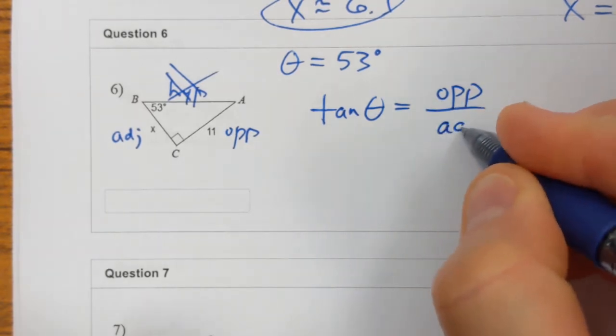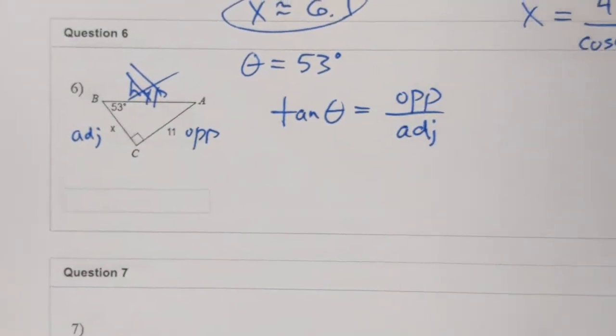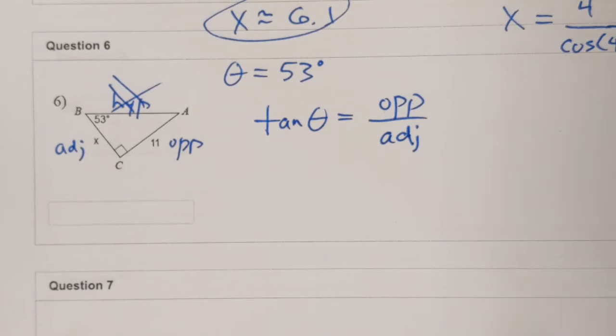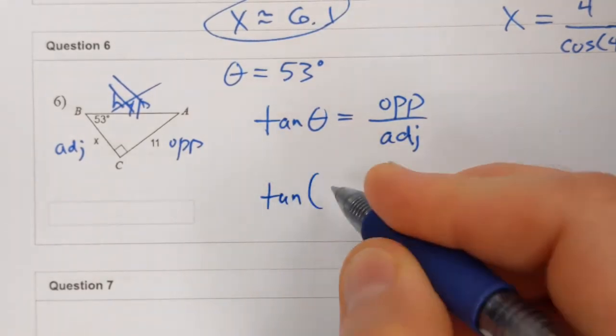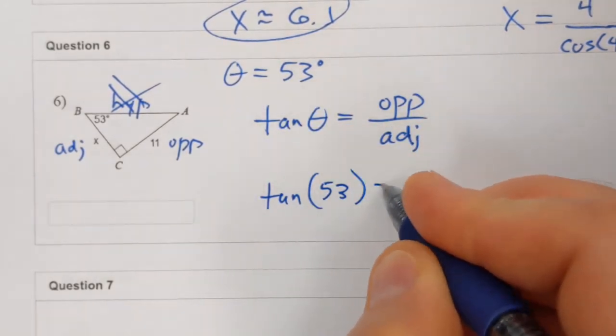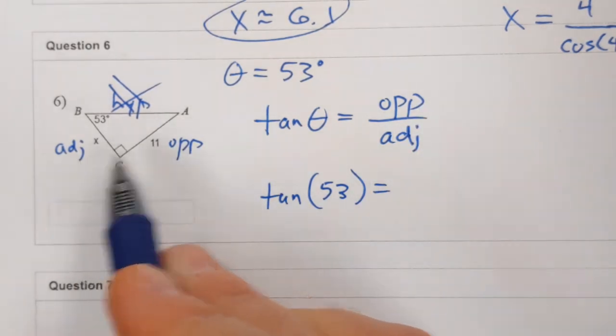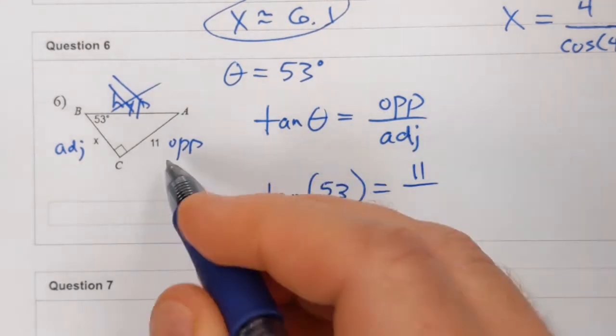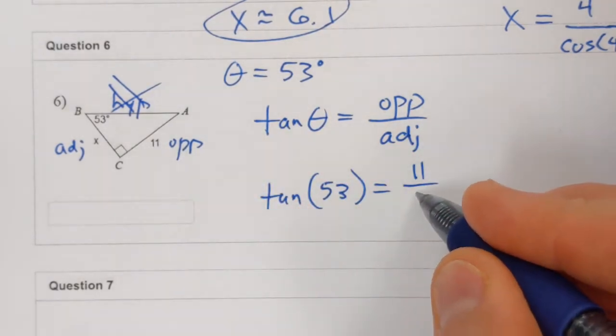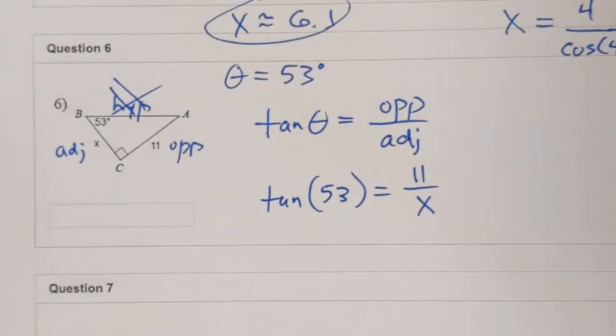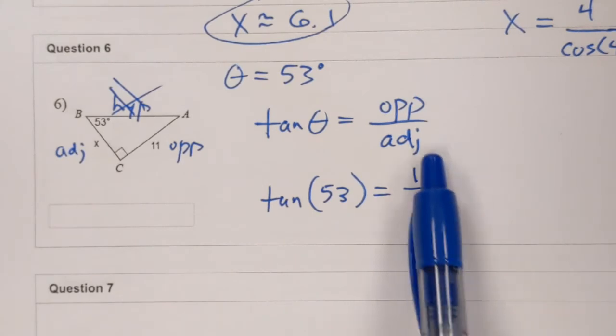So let me write down the formula for tangent, and then we'll start plugging these numbers in. The tangent of theta, which is 53, is opposite over adjacent. So the 11 would have to go on the top, and the x would go on the bottom. So here's another case where the x is on the bottom, and this can happen either way.